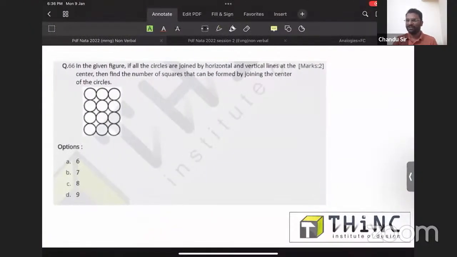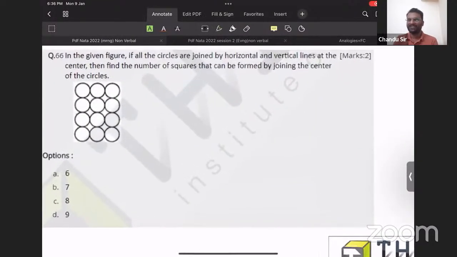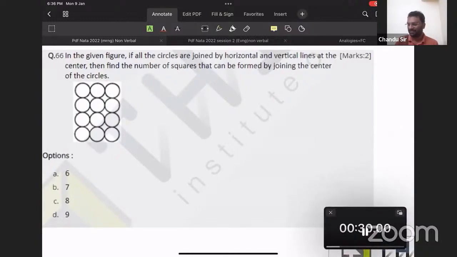Hope you guys can see the question. Anyway, I'll read the question, or I'll give you the essence of that question. Few circles were given in front of you. You need to connect the centers, create a figure, and find the number of squares in that figure. I think 30 seconds will be enough.